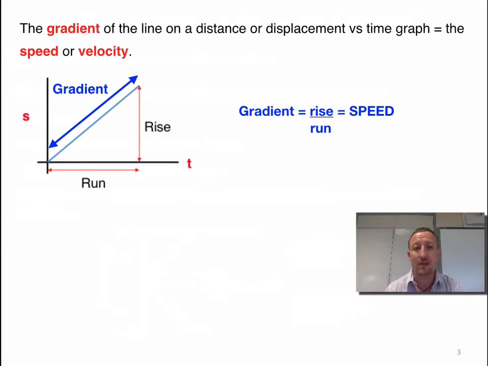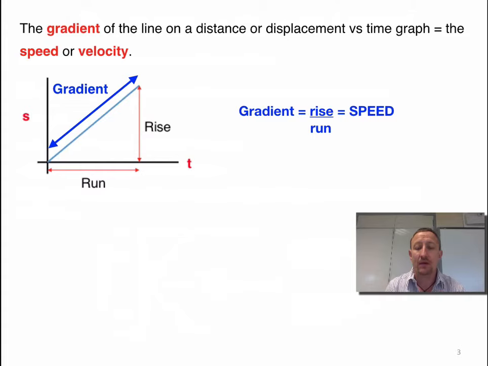Now on a distance time graph, the gradient can be calculated by the rise, which is the vertical distance you go, along the run, which is the horizontal distance that you go. So to measure the gradient, we find our line, find the highest point that the line goes to, and measure the vertical distance from the x-axis to the top of our gradient line.